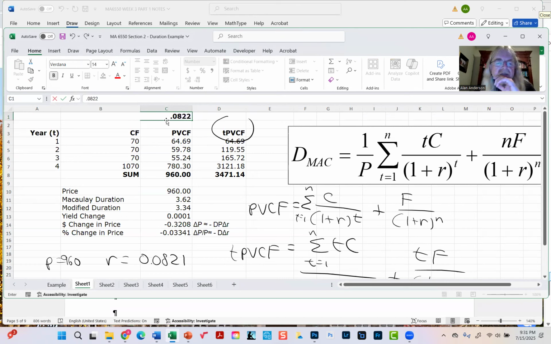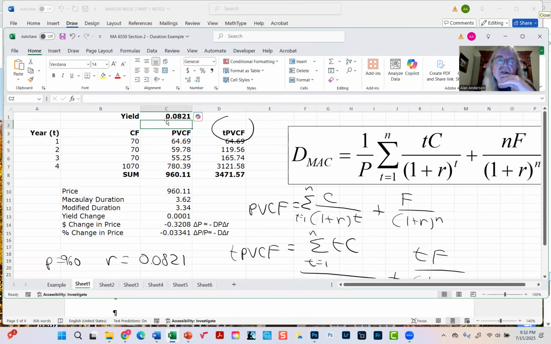Yes, I'm assuming in this, you notice how the changes in price and percentage change are negative. So that implies that I'm looking for a 1 basis point increase in the yield. The price drops, as you can see. That's interesting. Oh, actually, I just realized what happened here. This number was rounded.